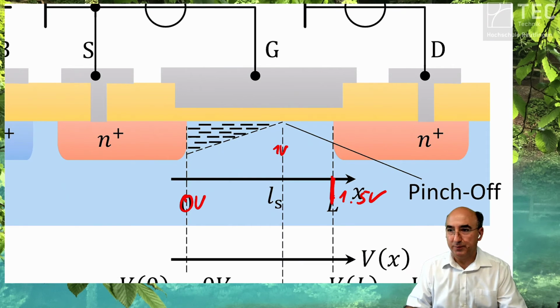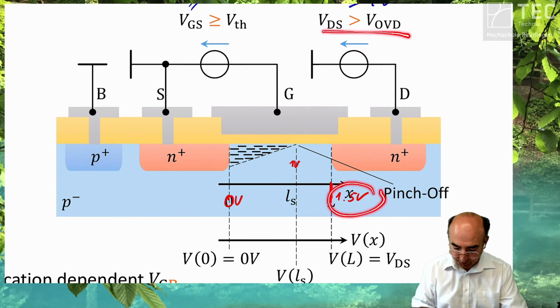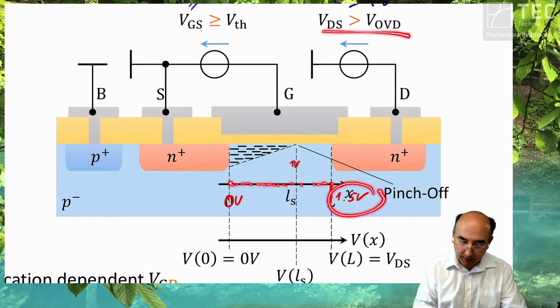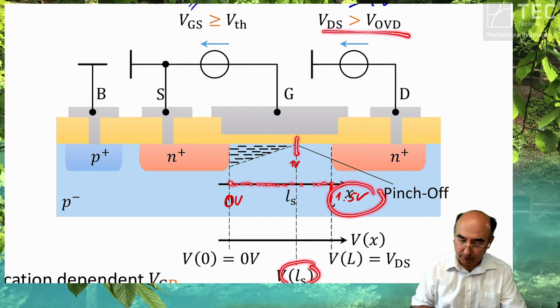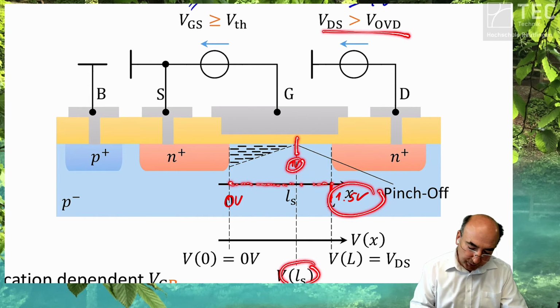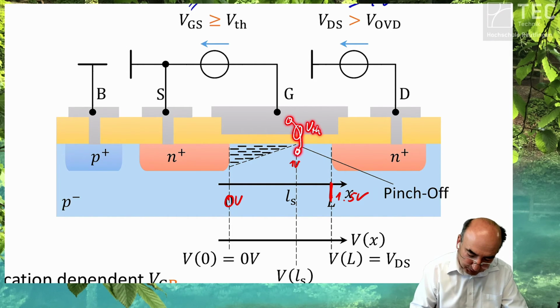Now we have the condition that we apply a drain source voltage of, let's say, 1.5 volt. This voltage drops alongside the bulk. At one point in the area in between drain and source, we have just 1 volt. And if we have 1 volt, we have exactly V threshold between gate and this position.